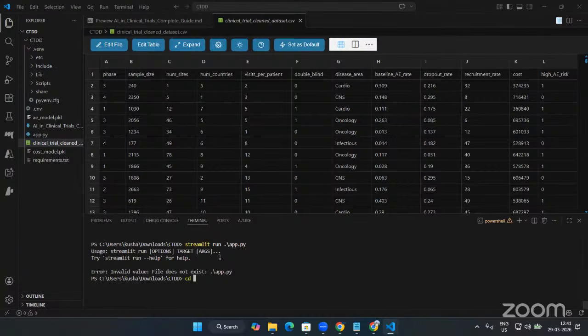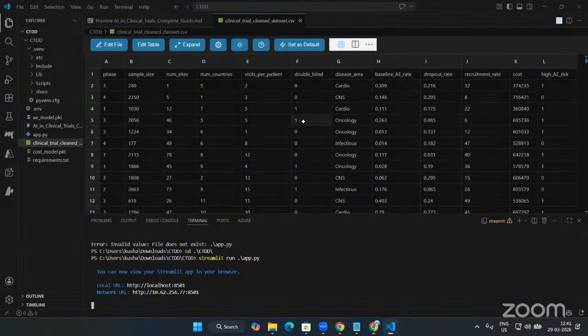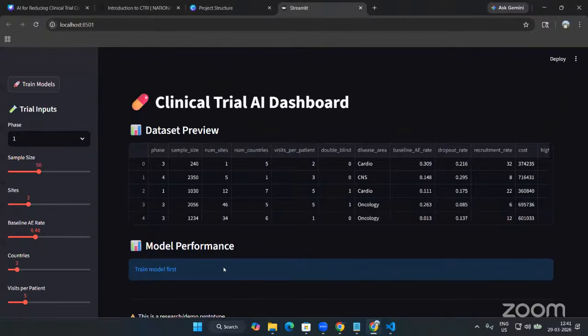We will run this application, and you can see that it will run in a local browser. It is taking some time.